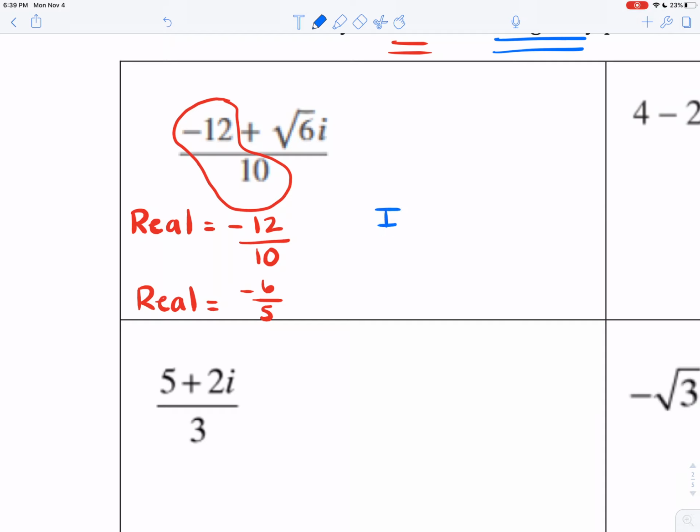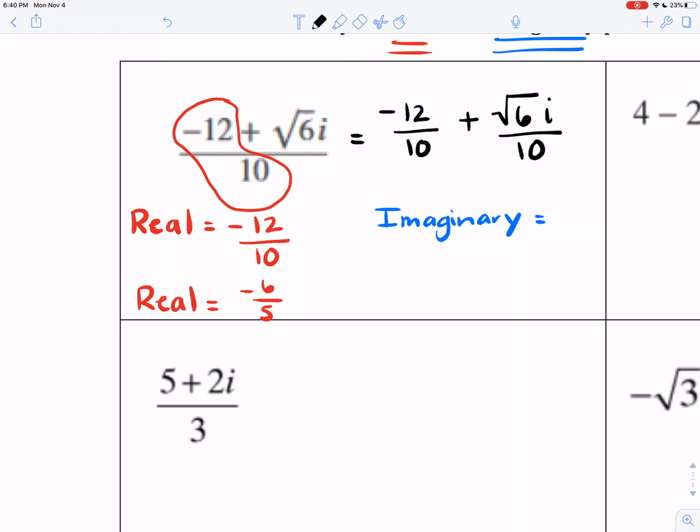Now, the imaginary part of this number is the entire part of the number that contains the imaginary unit. Now remember, when you have a number in the denominator, it has to stay underneath each part of the numerator. Another thing to think about is if I were going to write this separately, I would have to write it as negative 12 over 10 plus the square root of 6i over 10 as well, because remember, when you add, you keep a common denominator.